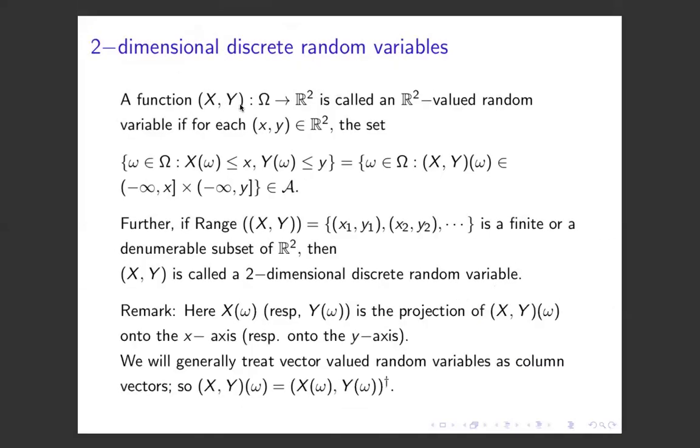So the notation for this is, say here, we can consider X(omega) that denotes the projection of this (X, Y)(omega) onto the x-axis, and similarly the other one.